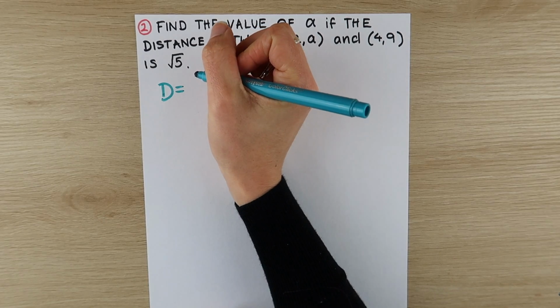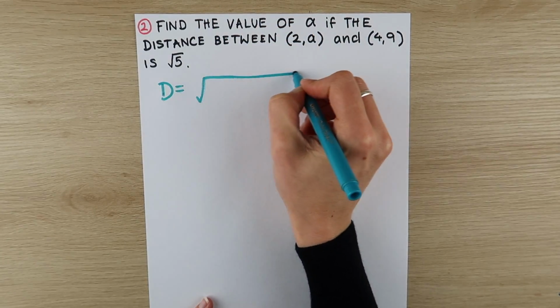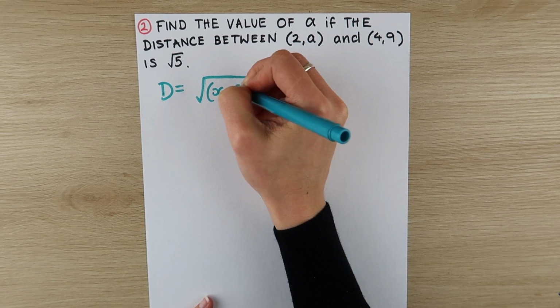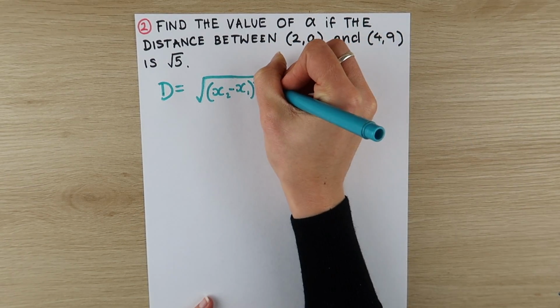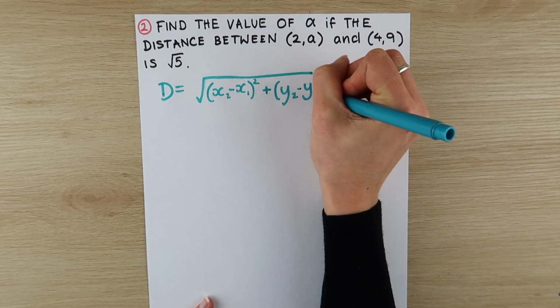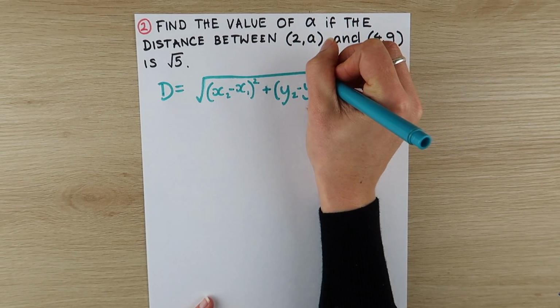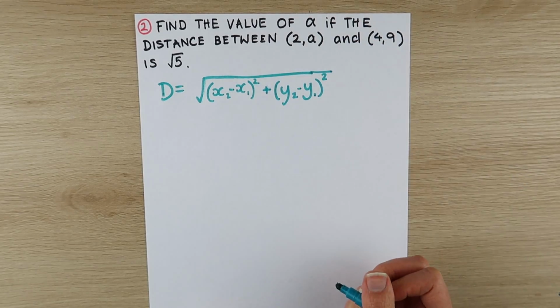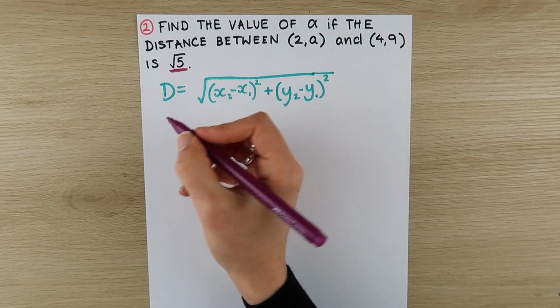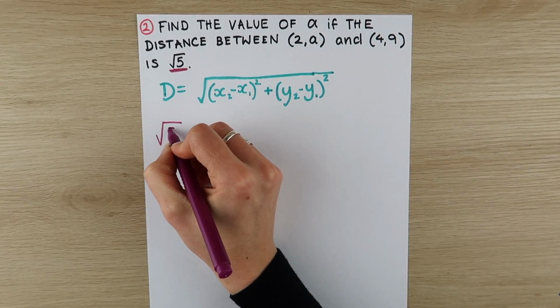So d is equal to, and as you just saw in the previous example, x2 minus x1 squared plus y2 minus y1 squared. And that's all underneath the square root symbol. We've been told the distance. So let's put that here.